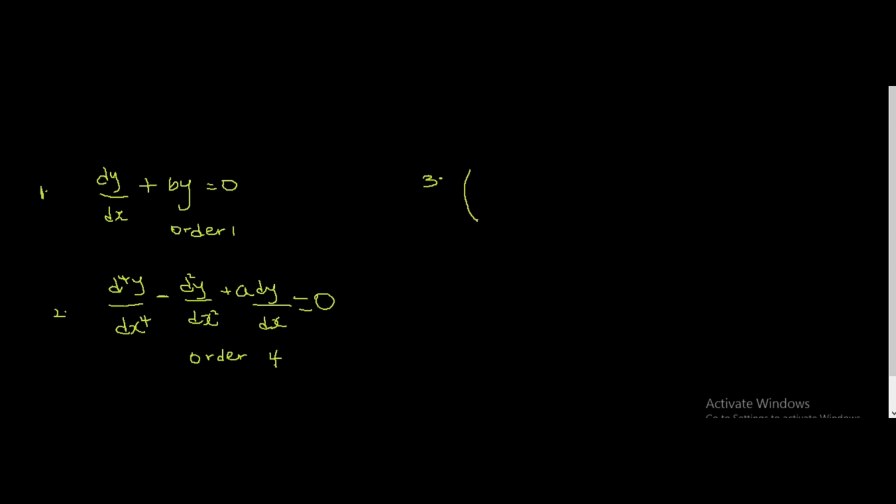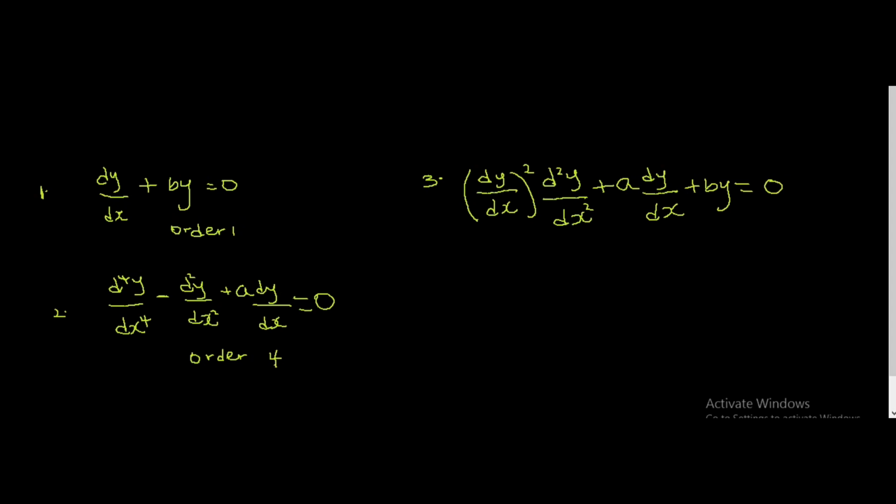Now let's say we are given something like this: the y, the x all squared, then we have the square y over the x square plus a dy dx plus by equals 0.